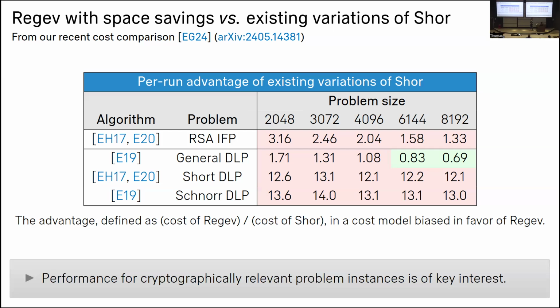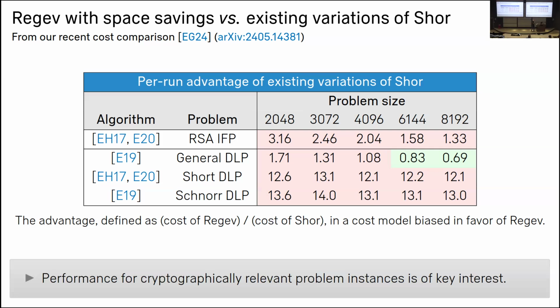I couldn't quite catch the question. Yeah, just the advantage of Regev's algorithm compared to Shor's original one, if we have a more powerful quantum computer, what's the advantage of these two algorithms here?